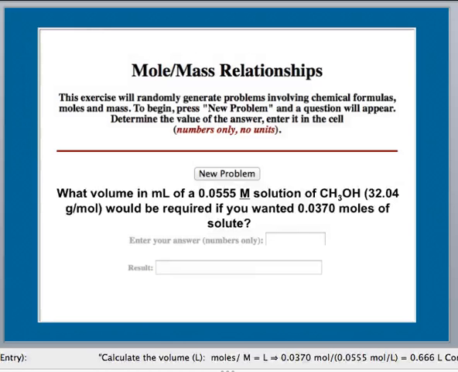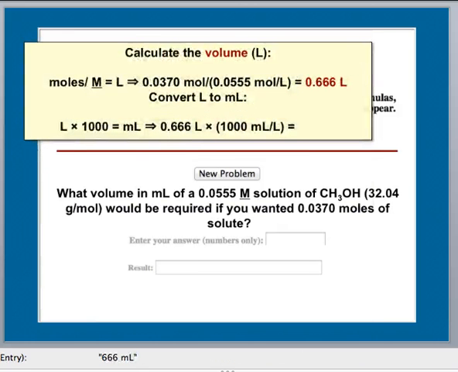So we're looking for a volume. Now we're going to solve it first in terms of liters, and then we're just going to multiply by 1,000 to get milliliters. Moles divided by molarity. This is going to give us our volume. Do our simple calculation. We get 0.666 liters times 1,000, 666 milliliters.